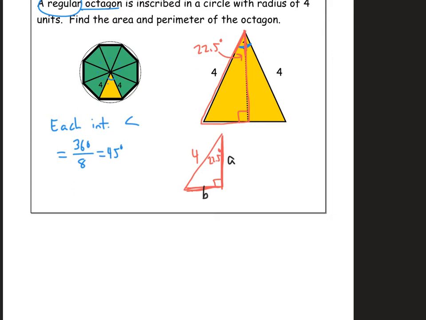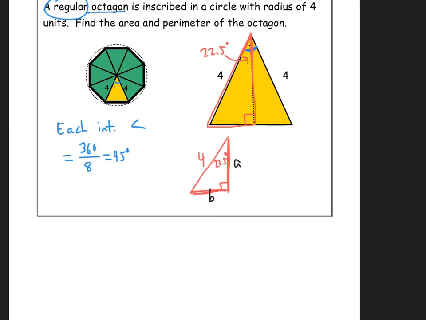Using trig ratios, the sine of 22.5 degrees is opposite over hypotenuse. The 4 is clearly the hypotenuse, and from that 22.5 degree angle, B is the opposite side.